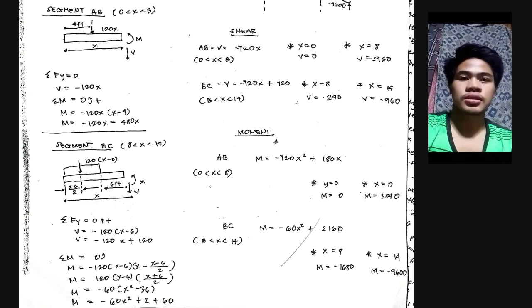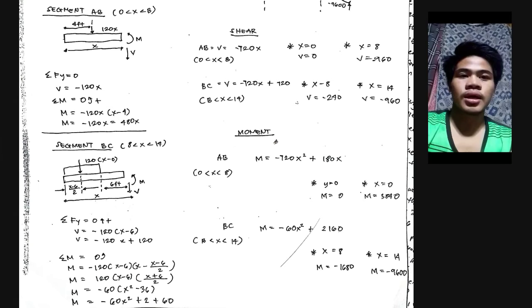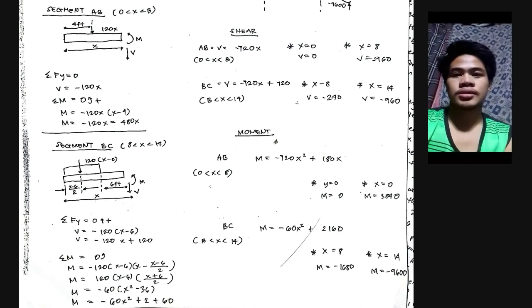For the shear force, you only need to get the summation of the forces equal to 0, and that gives us an equation of V equals negative 120x.